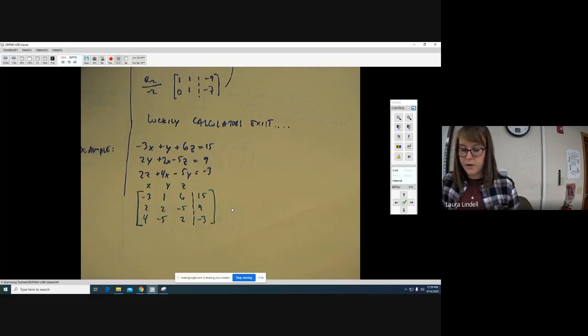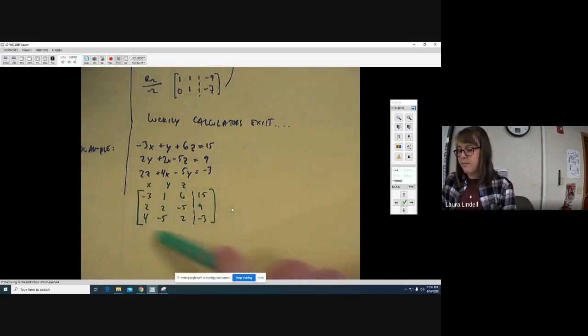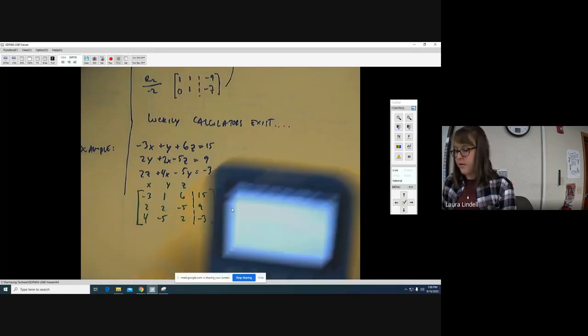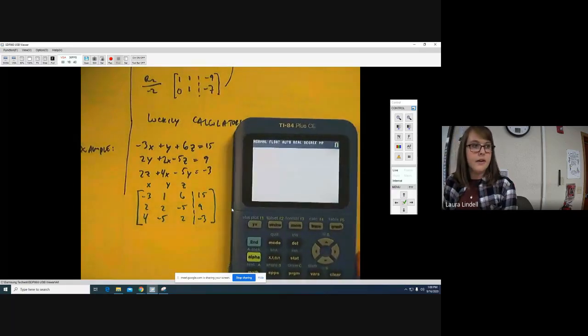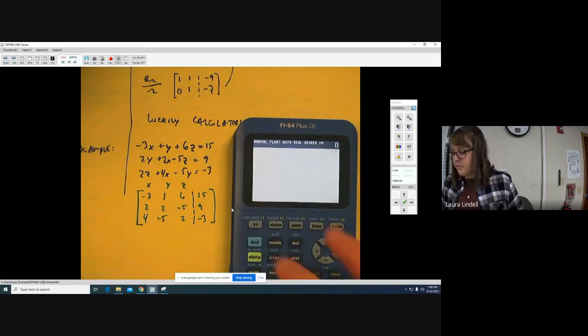Okay, so now using whatever calculator device you would like, type in this matrix and find the reduced row echelon form. So I'm going to go with the TI calculator for now. If you want to use the Desmos, you are welcome to.